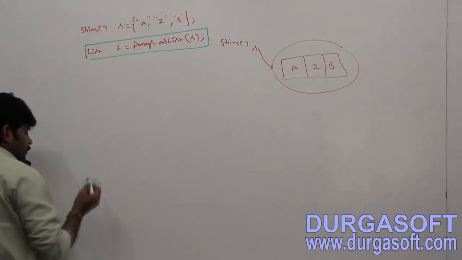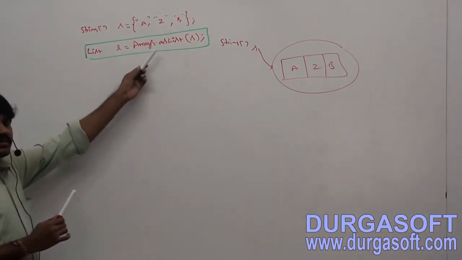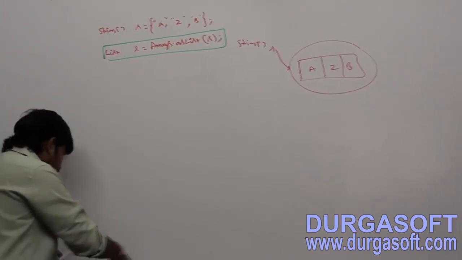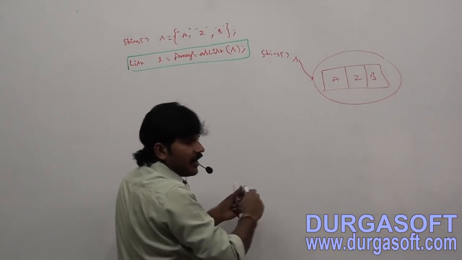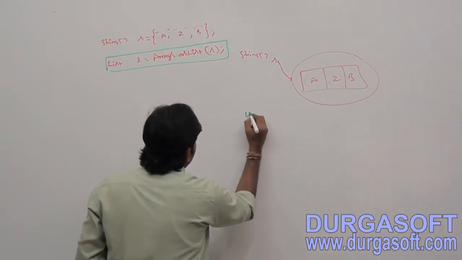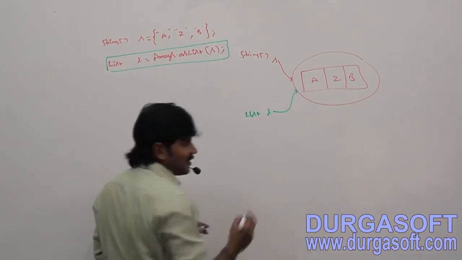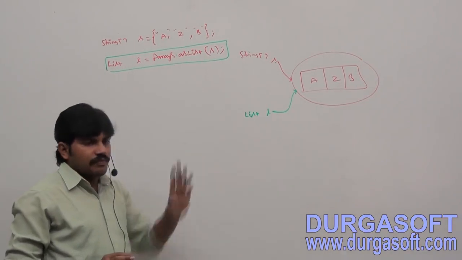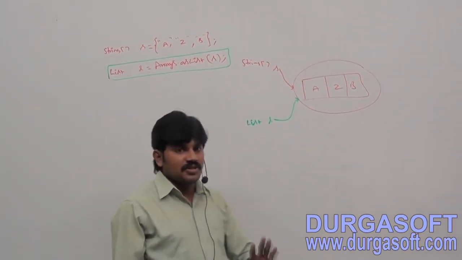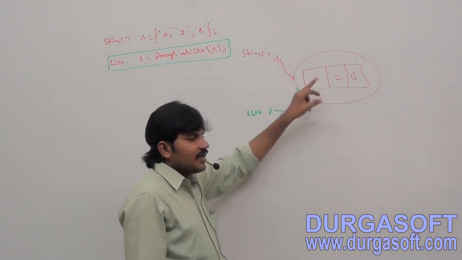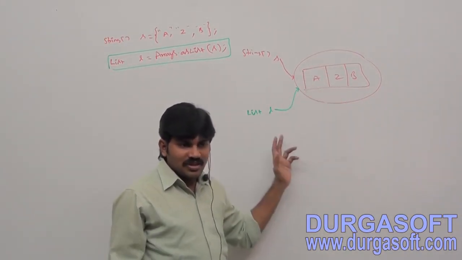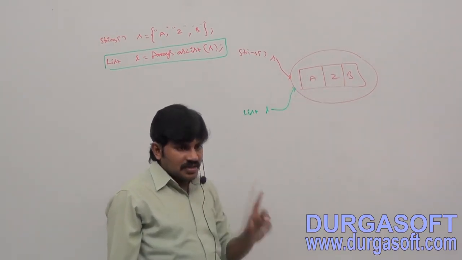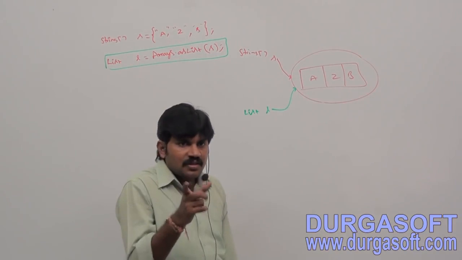Very important point: because of this method, do I get an independent list object? No. The existing array we are just viewing in list reference style. We are not going to get an independent list object. Array to list is not happening; it is array as list, viewing the array as a list. That's why the method name is asList instead of toList.